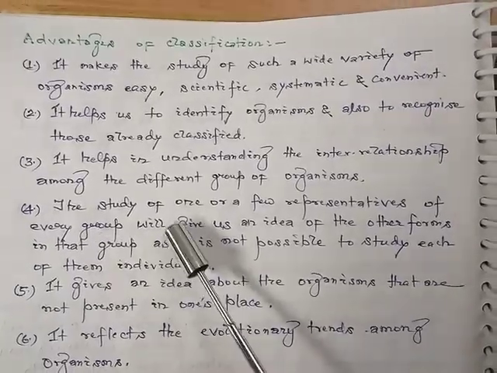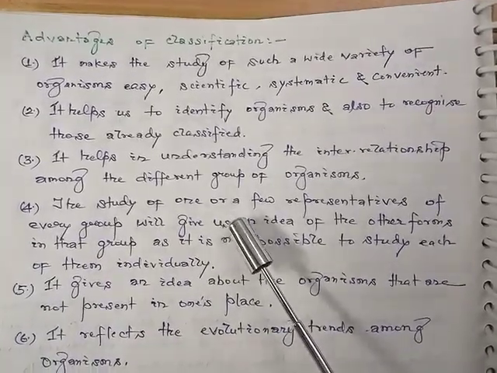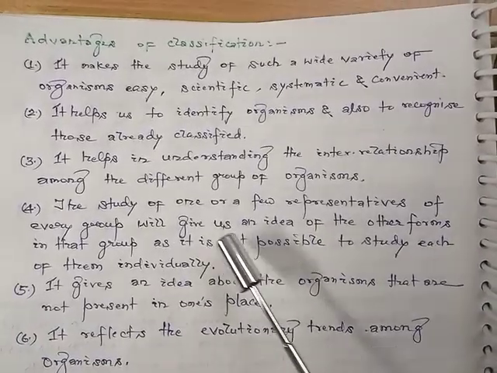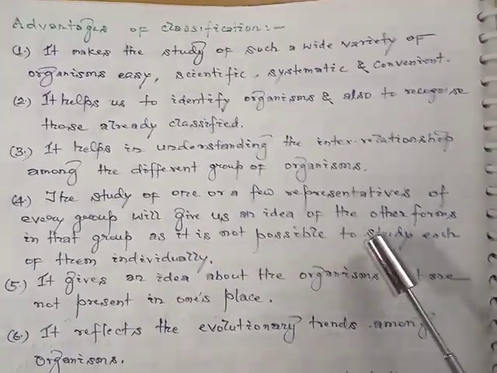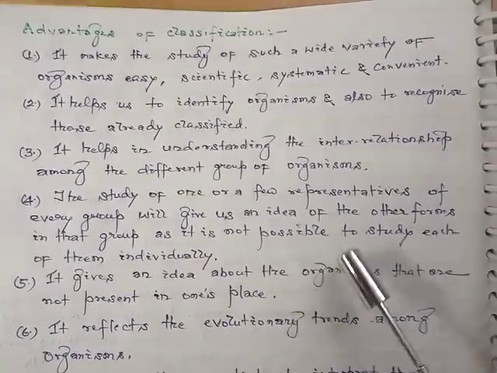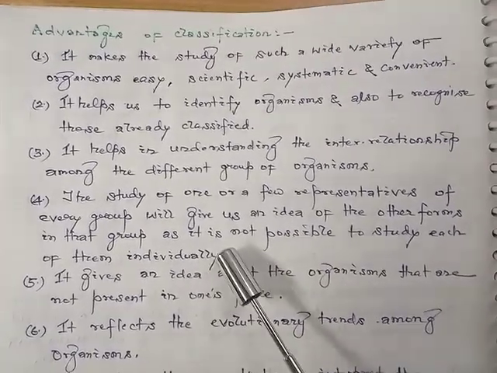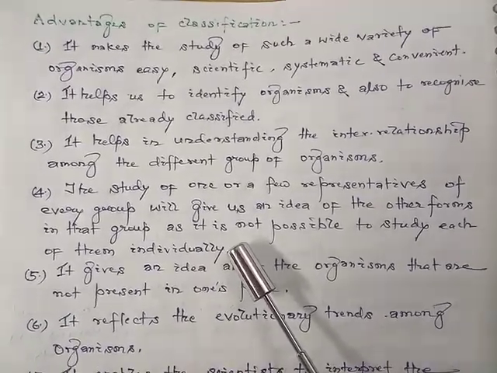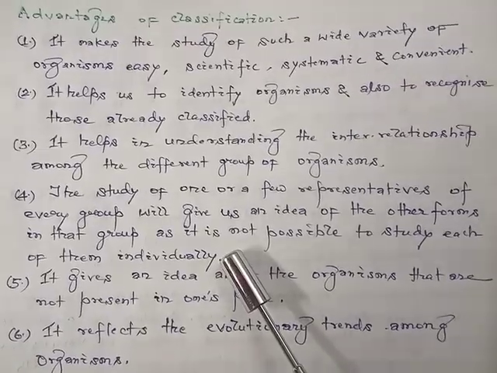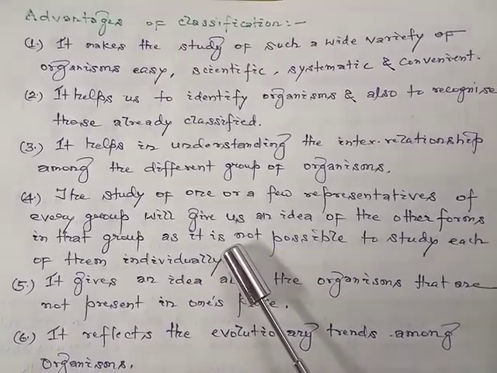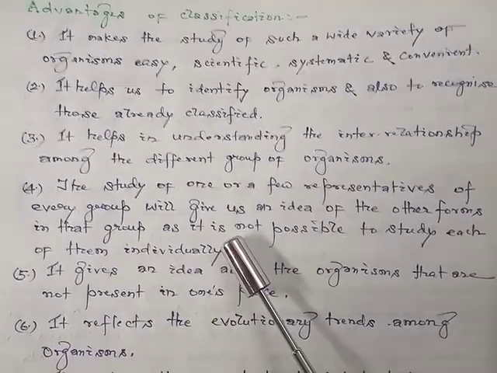Fourth, the study of one or a few representatives of every group will give us an idea of the other forms in that group, as it is not possible to study each of them individually. So, by classifying the organisms, if we know the characteristic features of that particular group, we can ascertain if any other species or life form belongs to that same group.